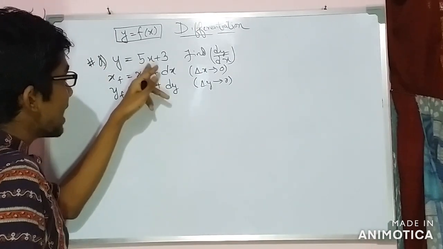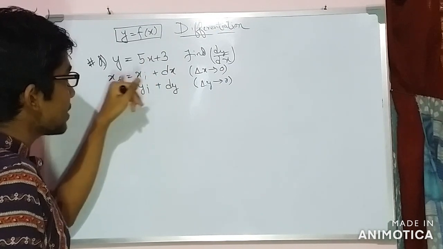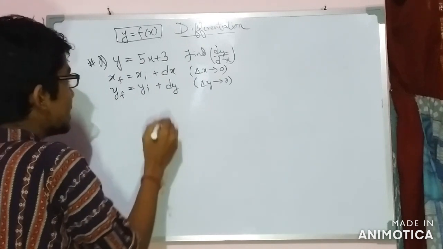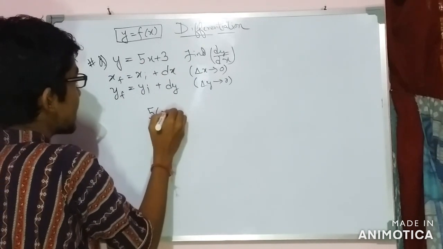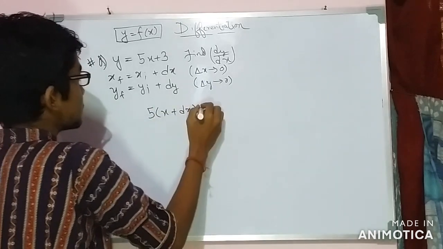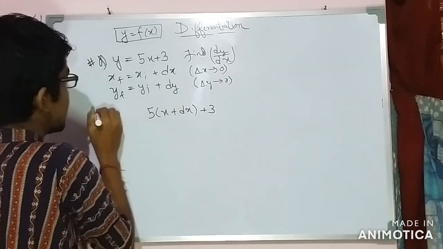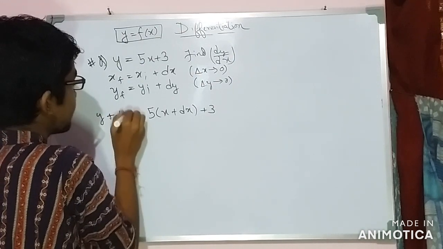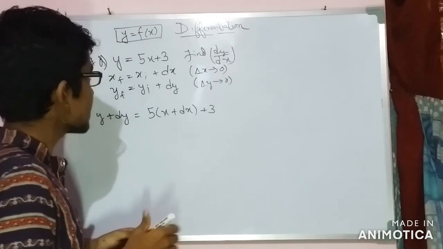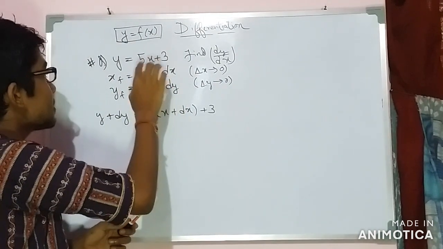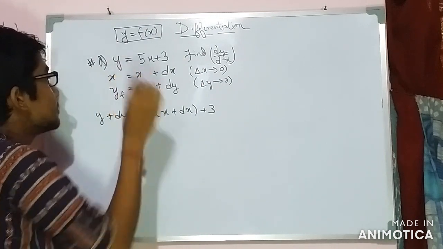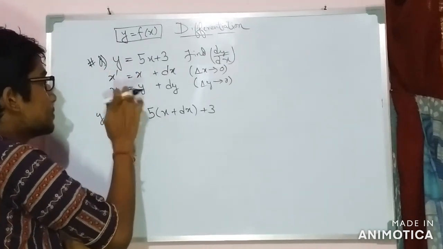Now see, x is changed from xi to xf and the change is dx. So, can we write 5 times x plus dx, plus 3, and here y plus dy on this side. Now why did I write this equation? Let us say the initial value of x was x only and the final value of x was, let's say, x dash.